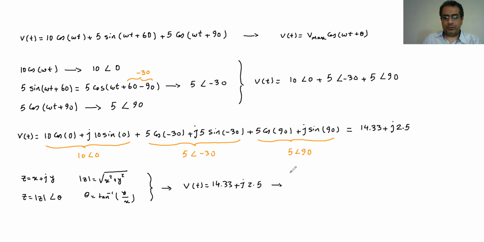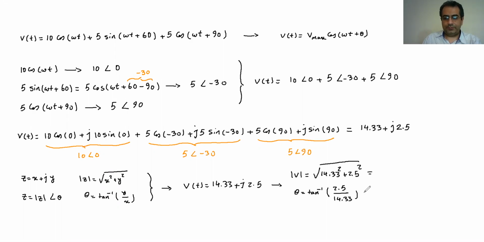Then the magnitude of V, if I use this equation, is going to be the square root of 14.33 squared plus 2.5 squared. And theta is going to be tangent inverse of y over x, so 2.5 over 14.33.